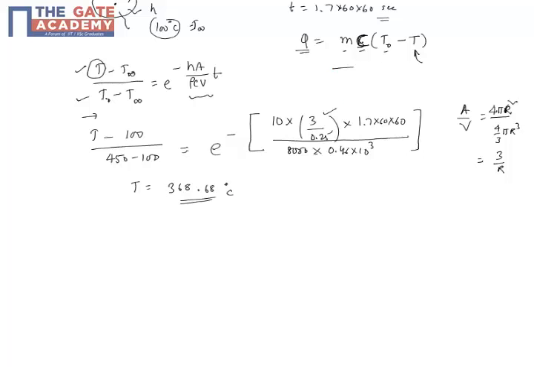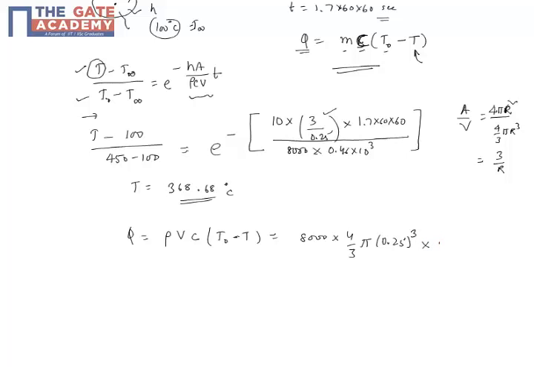So now we know the temperature after time t, and so we can just use this. Heat transfer is density into volume into specific heat into T naught minus T. Density is given as 8000, volume is 4 by 3 pi r cube, r is 25 centimeters, so 0.25 meters.